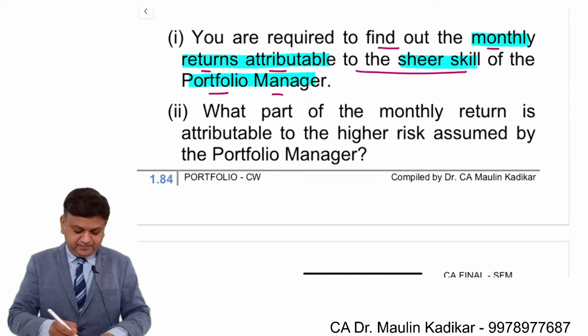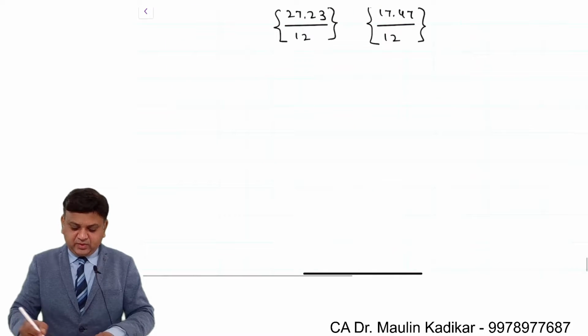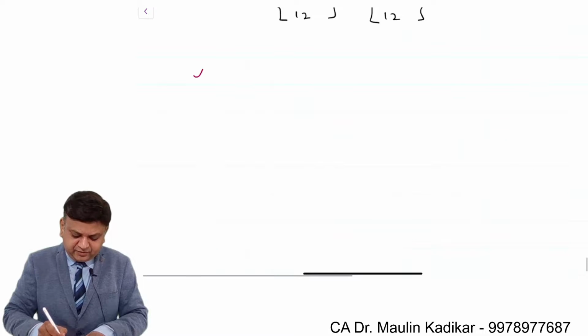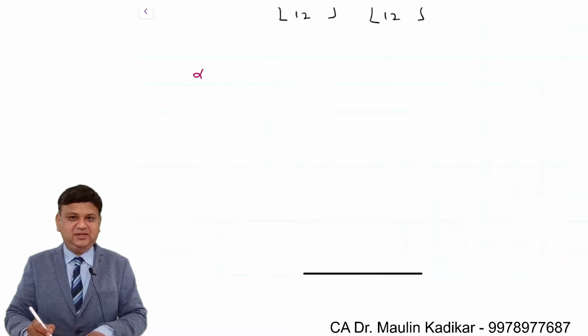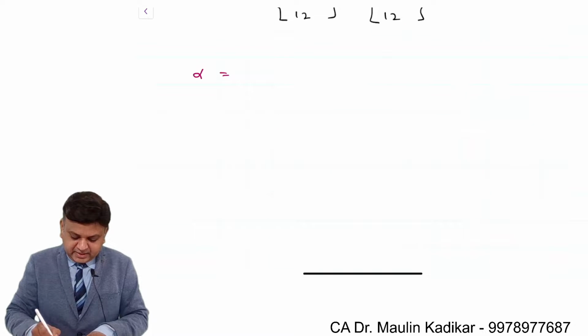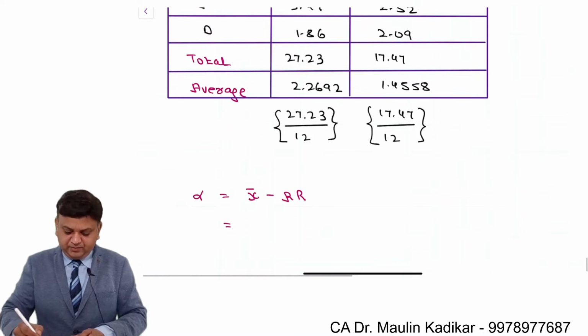So friends, over here we are required to calculate the alpha of the security. It is calculated as x bar, that is the mean return, minus required rate of return. Do not write anything, let me explain.